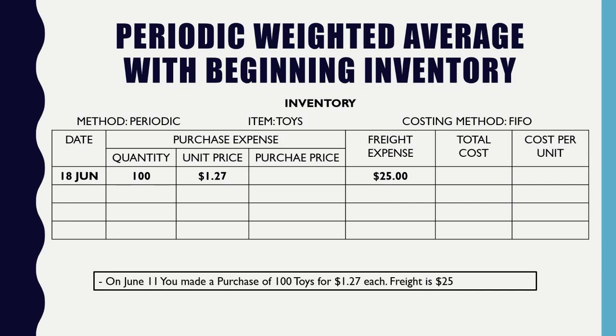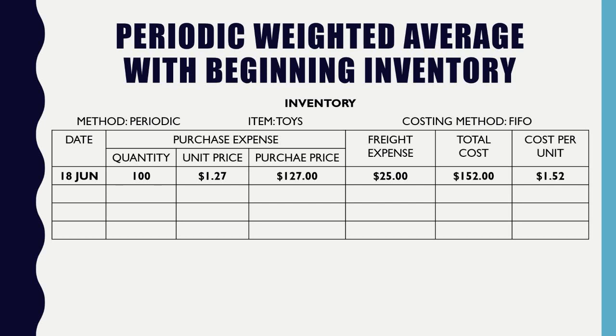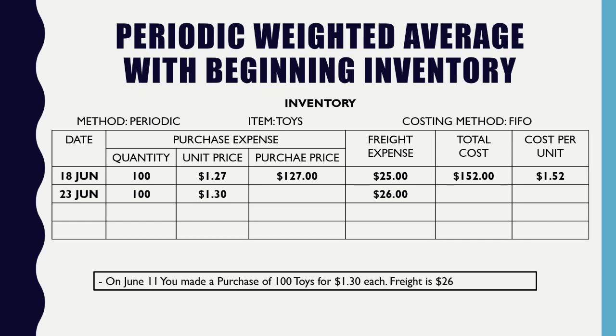Here we have on the 18th, we purchased another 100 items at $127, and then adding the cost there. If you like, go ahead and do the cost per item. Then we're also going to add in our second scenario, which is we purchase another 100 for $1.30. So then we'll just keep filling out the table.